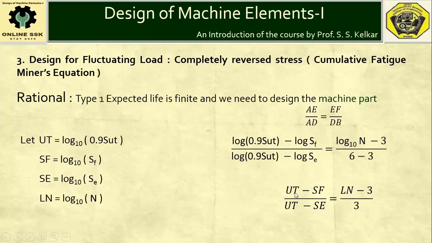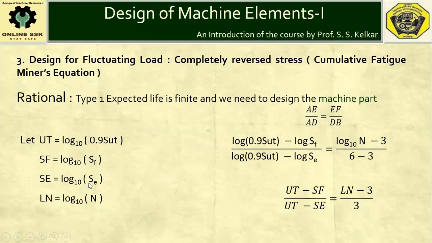Now we know that ut represents log to base 10 of 0.9 times SUT value. SF represents log to base 10 of SF, where SF is the completely reverse stress induced inside the machine part.